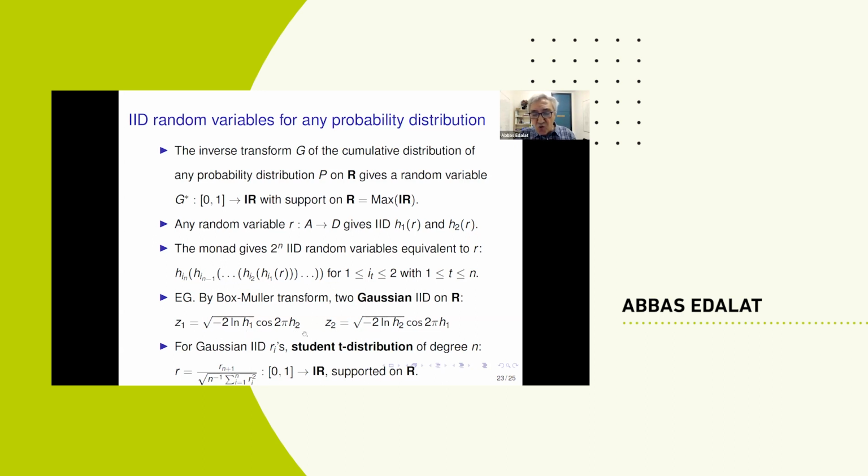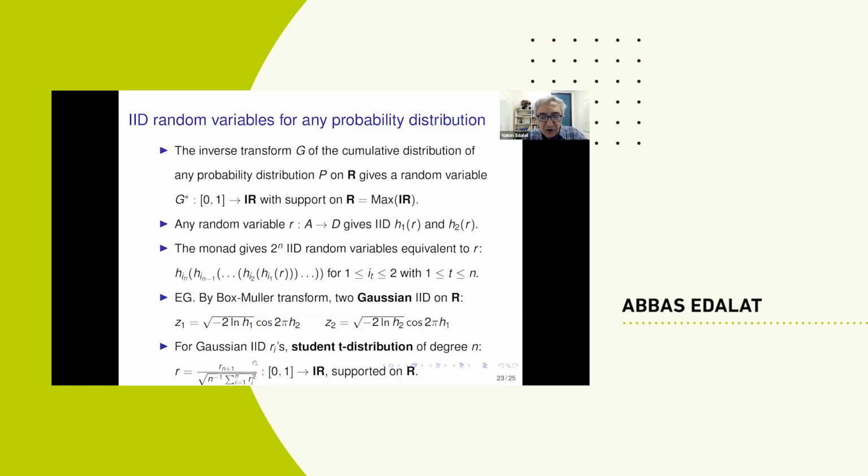We get two identical Gaussian normal distributions that are independent, Z1 and Z2, using just the functions cosine and logarithm. So that's quite simple.